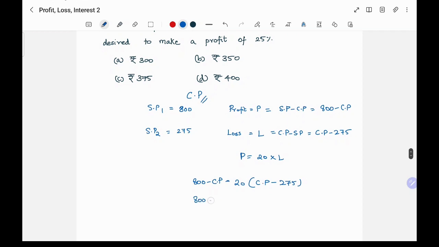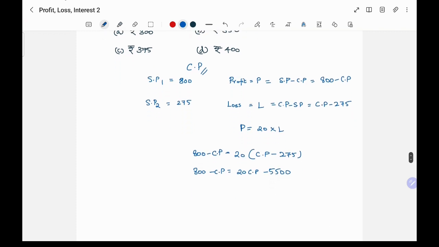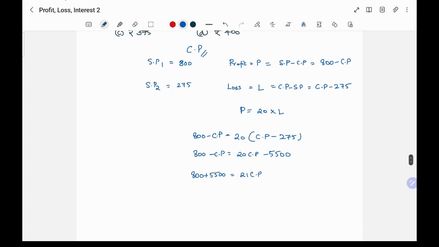So multiply what we have, 20 CP minus 5,500, right? Now taking this to the other side, 800 plus 5500 is equal to 21 CP. So this will give you 6300.